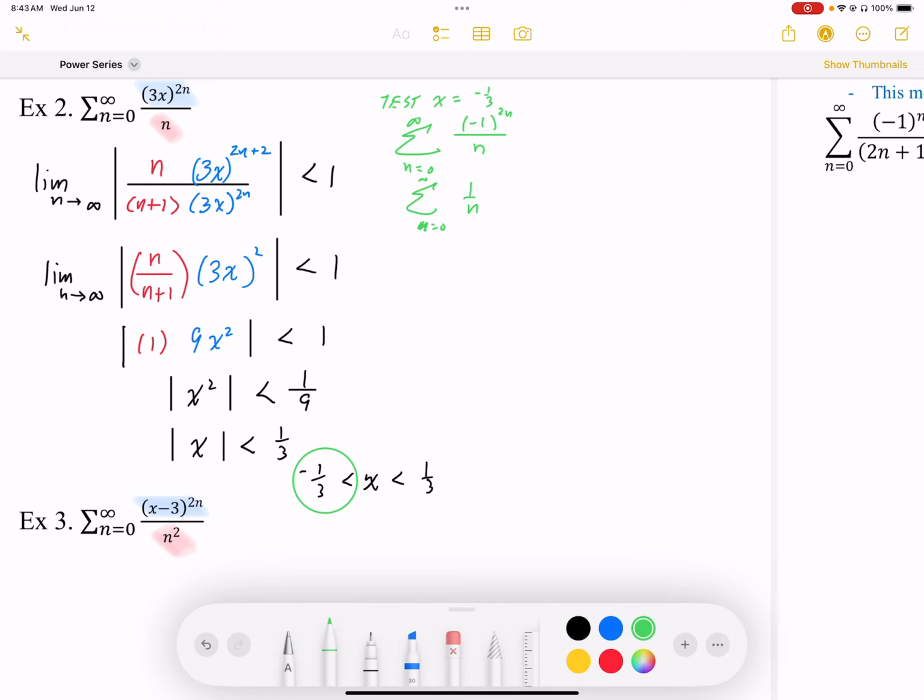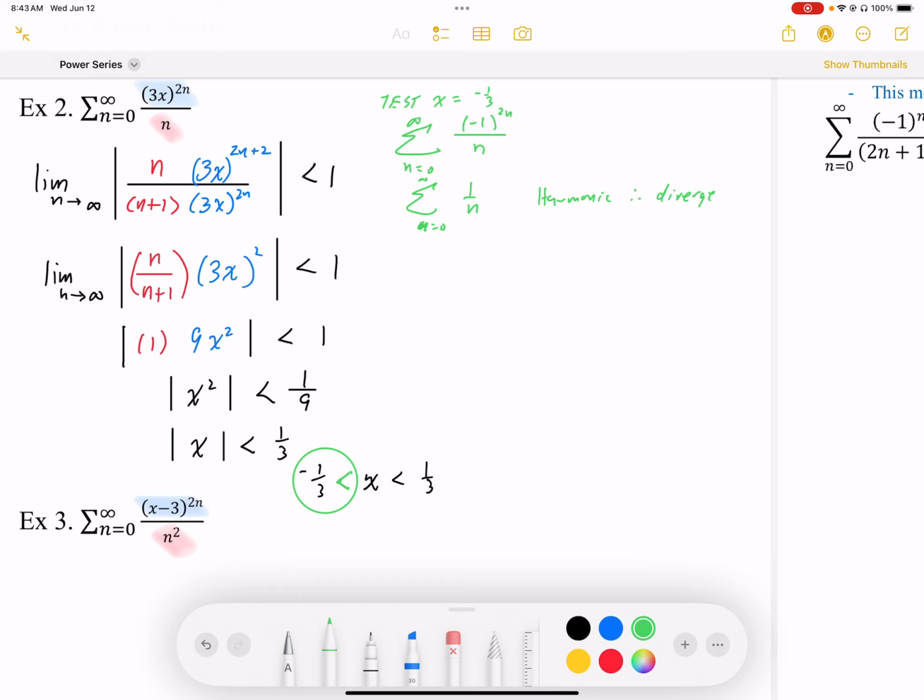So this is a harmonic series. This is divergent. So we do not include that negative 1/3 as part of the endpoint. So that's just going to end up being greater than, not equal to, negative 1/3.